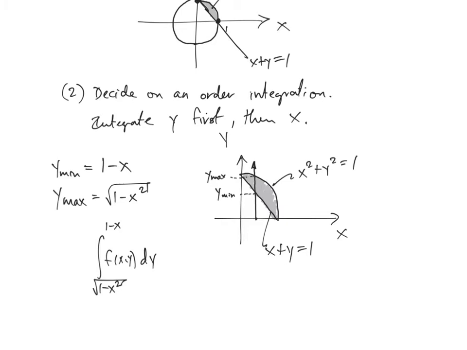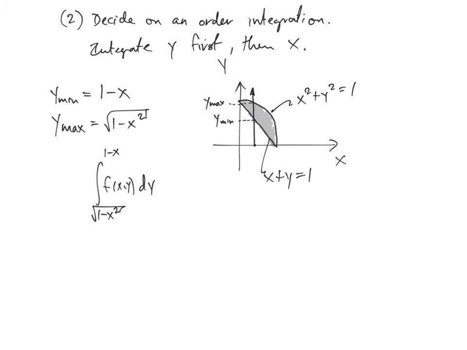All right, now I got to integrate with respect to the, I probably skipped ahead. Okay, so I found my y limits for the inner integral. Now I need to find x min and x max. Oh, I switched them.